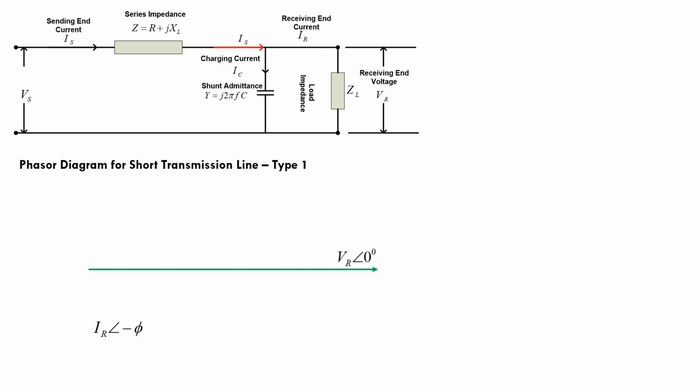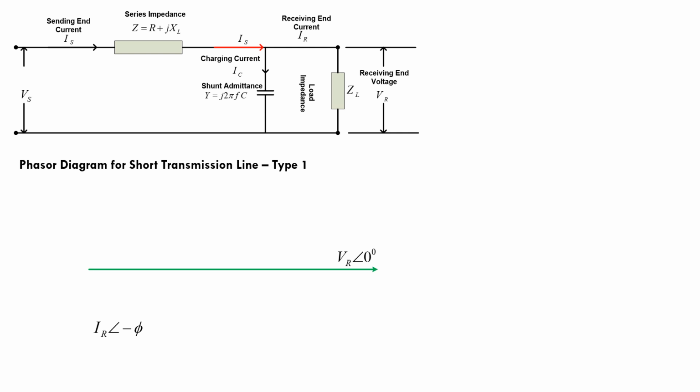Second thing, I will draw the receiving end current IR. Now you can see that the receiving end current IR, the magnitude is IR and angle is minus phi. This minus phi is nothing but the power factor angle of the load, and in this example we have considered that the power factor of the load is 0.8 lagging.